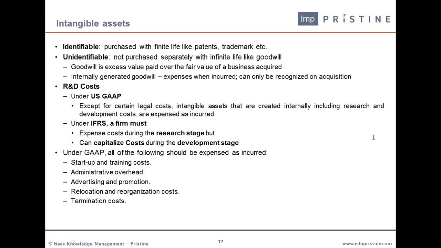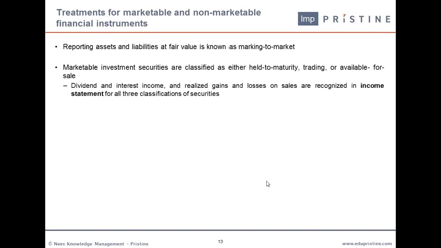Say you have a patent of 20 years, then you amortize it over the life, just like depreciation in case of long-term tangible assets. But in case of goodwill, since it has an infinite life and it is unidentifiable, it is not amortized. So that's it basically. Let's proceed forward.